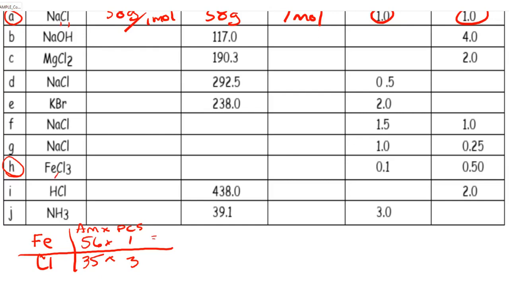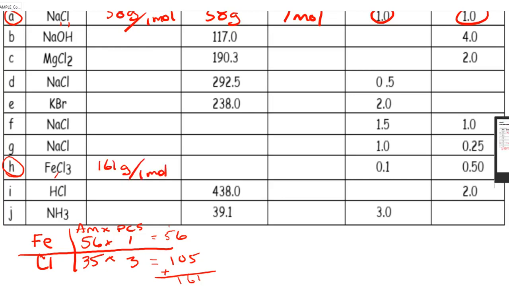So 56 times 1 is 56. And 35 times 3 is 105. We add those two together, that gives us 161. So we have 161 grams per 1 mole.